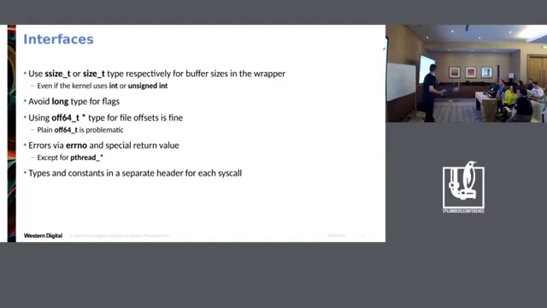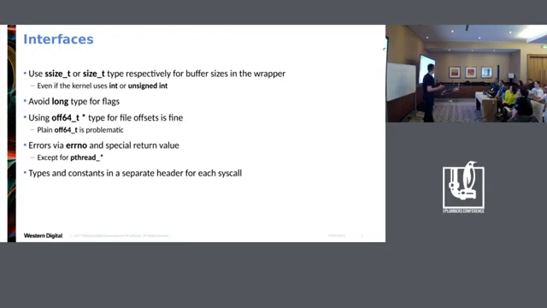On the matter of interfaces, there are some specific types that we would like to see, like ssize_t or size_t for buffer sizes. This is mainly for documentation purposes, so that we know what the interpretation of the type is, even if the kernel uses int or unsigned int.